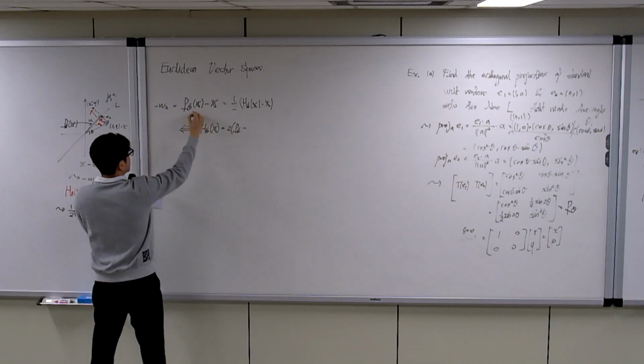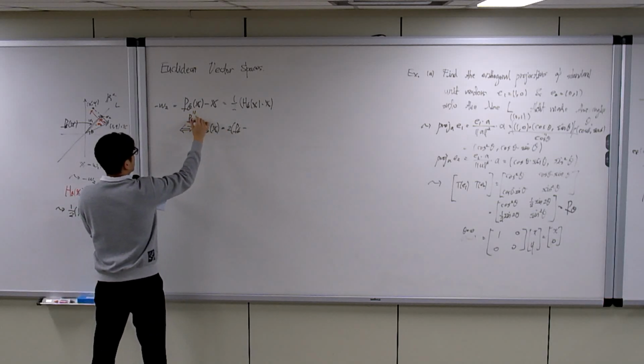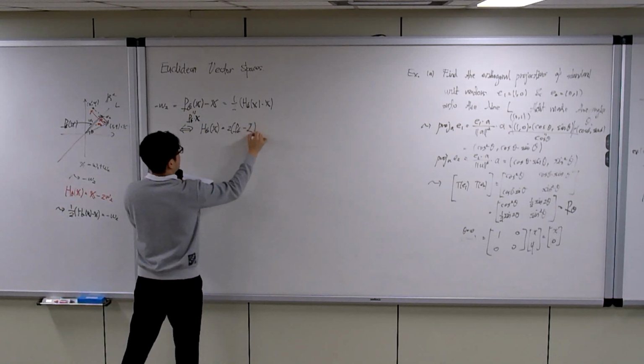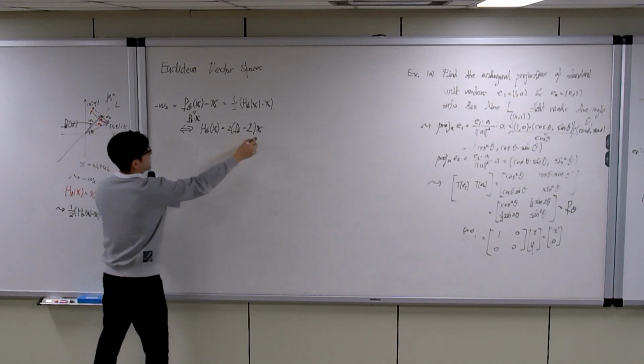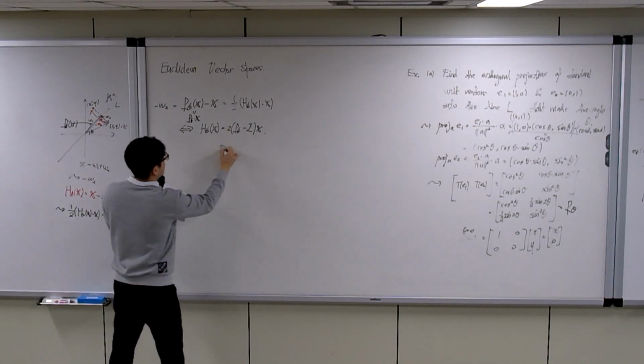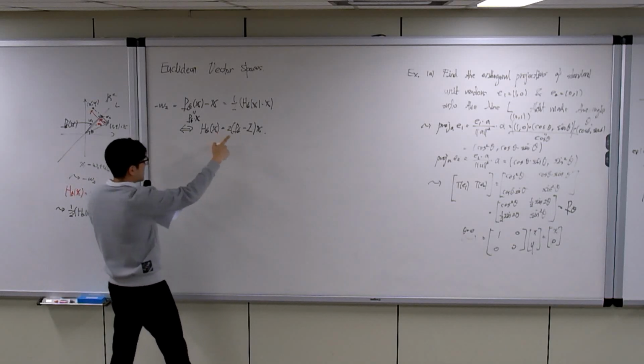P of x is the matrix P multiplied by vector x, so I will rewrite it as P sub theta minus the identity matrix.